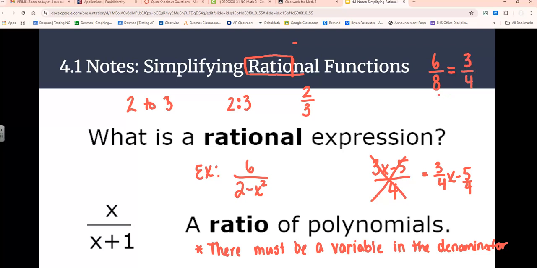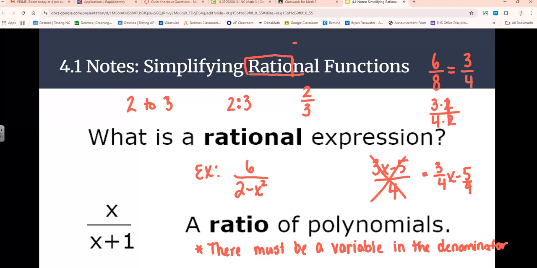right? So one way I can think about that is 6 is 3 times 2, and 8 is 4 times 2. You probably think about dividing top and bottom by something when you do that, but this is another way you could think about it. I've got 3 over 4 times 2 over 2. What is 2 divided by 2? It's 1.